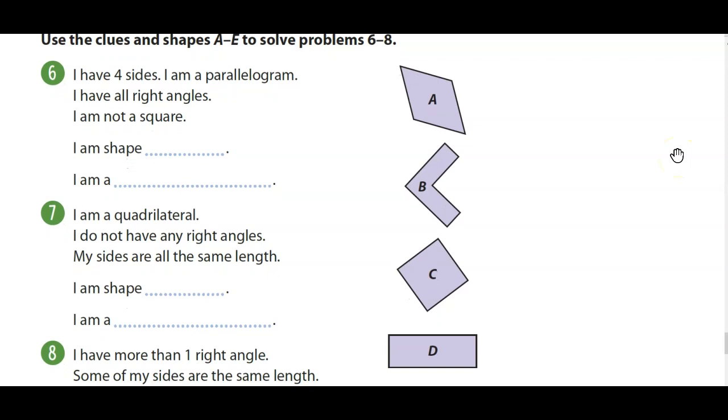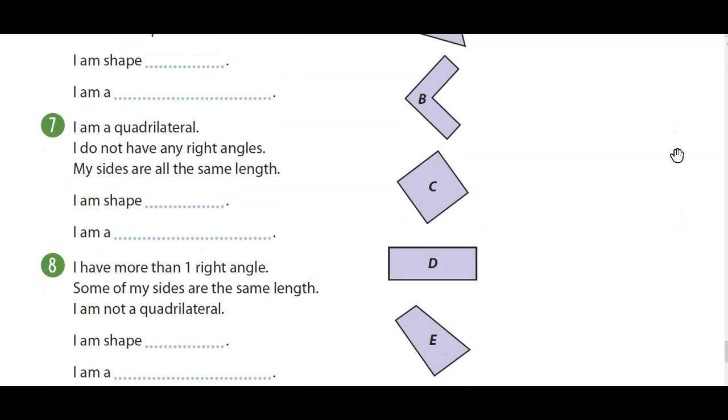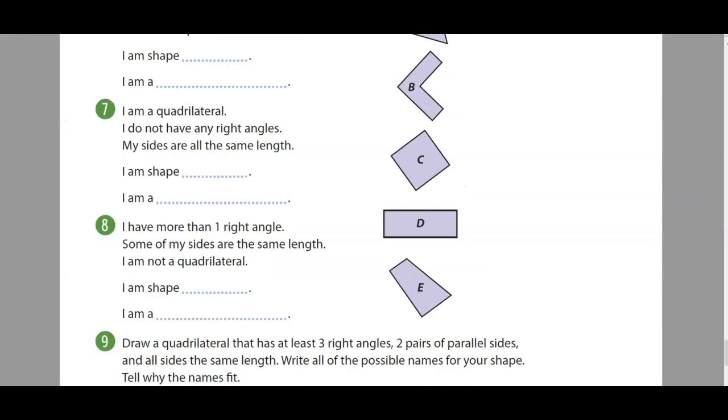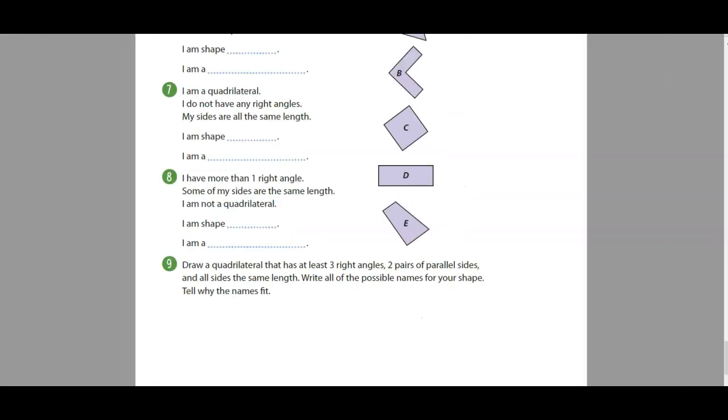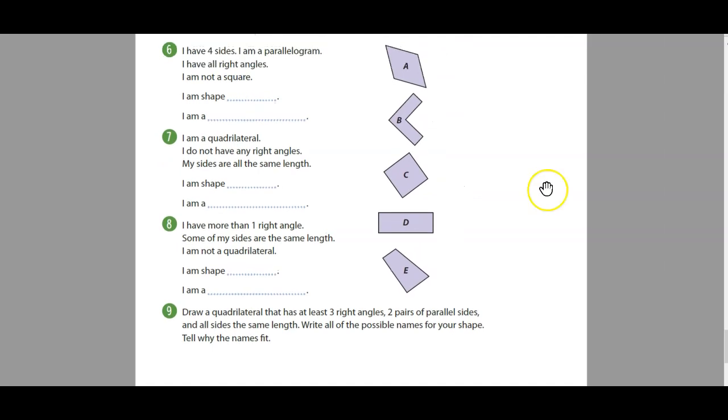It says I have 4 sides. I am a parallelogram. I have all right angles. I am shape. So which one is that? Let me go like this. Now you can see all of them. So I have 4 right angles.